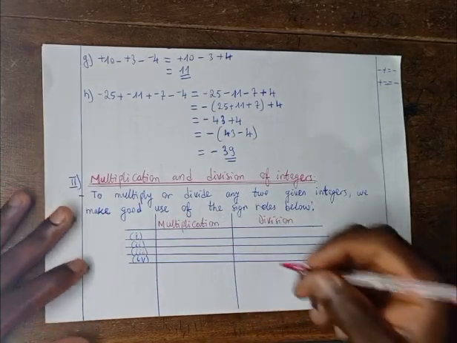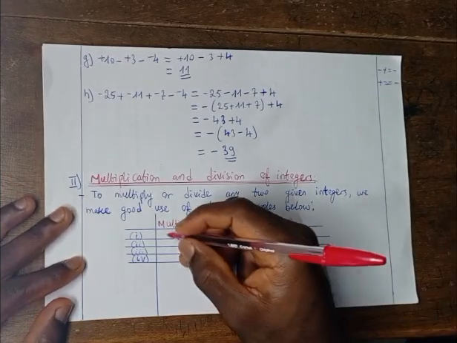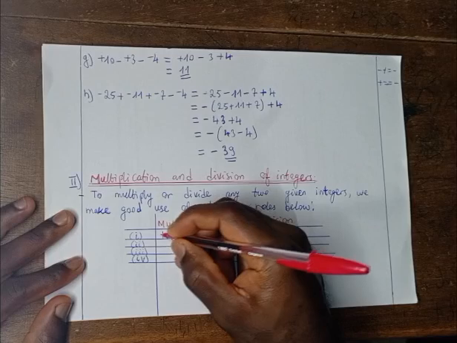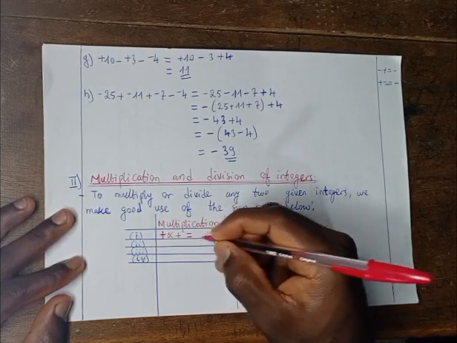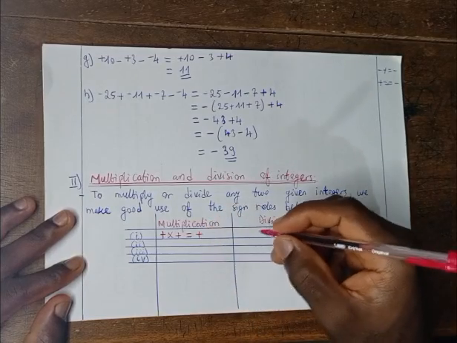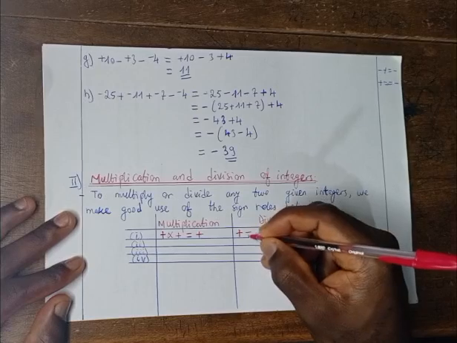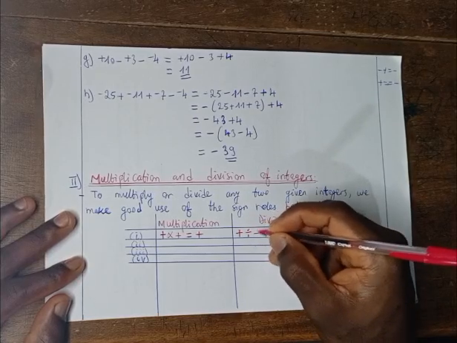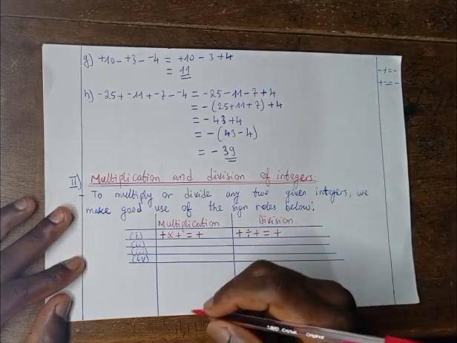For the first one, if we are to multiply a positive number times a positive number, the result will have a positive sign. If we divide a positive number by a positive number, the result will have a positive sign.